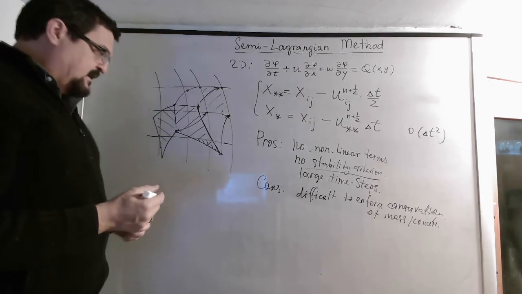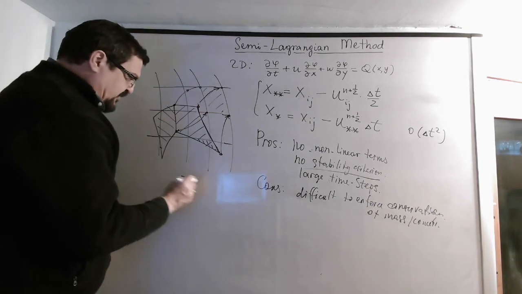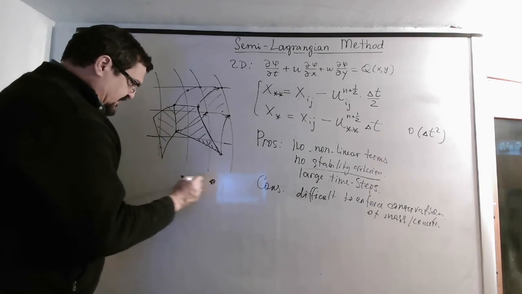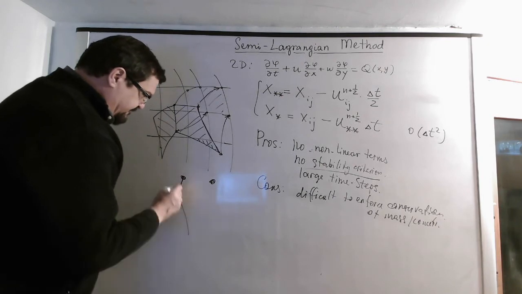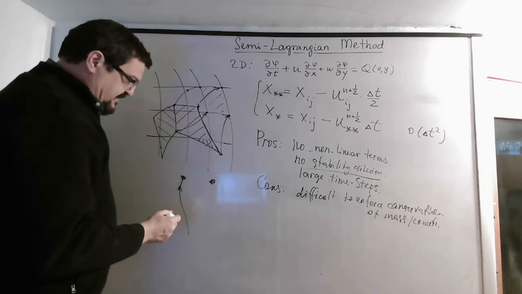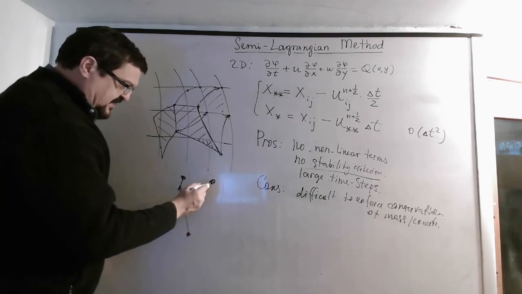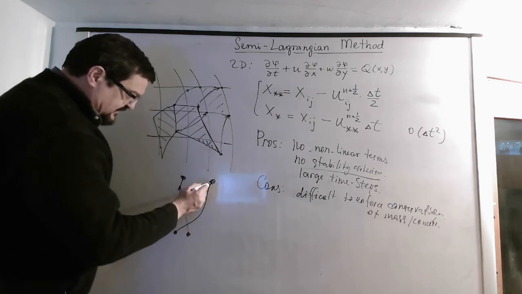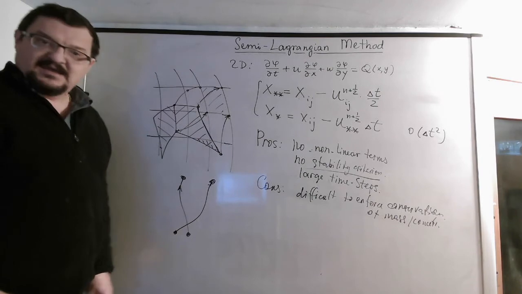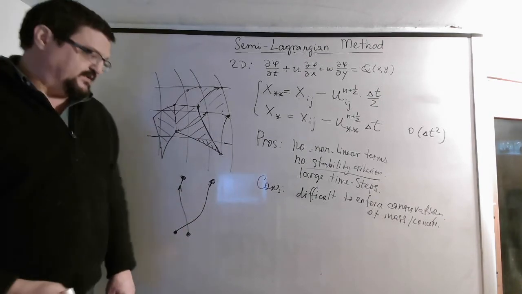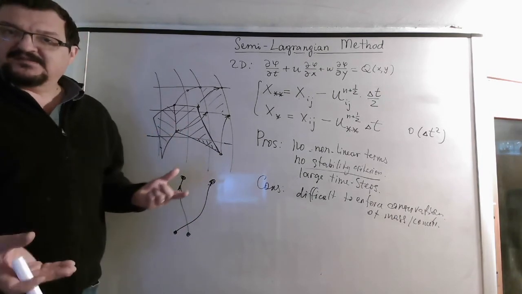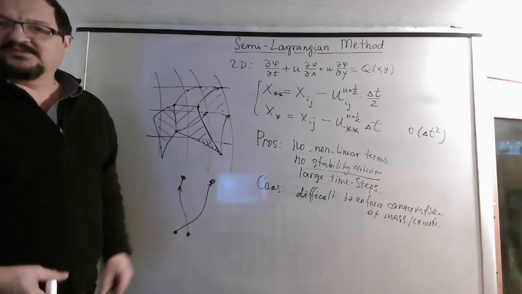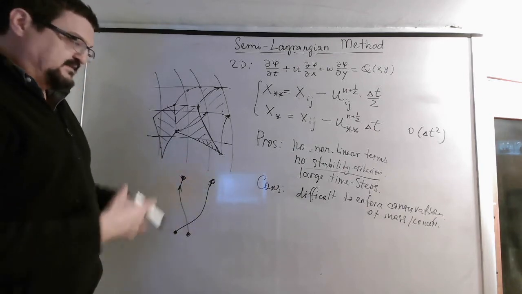So, let's say that you have these two arrival points, and then you compute, using one of these methods, this departure point here, and for this one you have a departure point here, and you see they intersect. But it's impossible in an actual fluid. If you don't enforce mass conservation, maybe that's not really a big deal if that happens in several points.